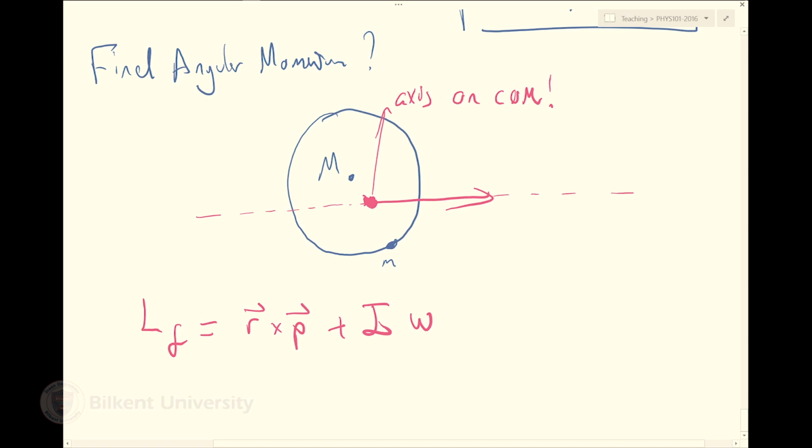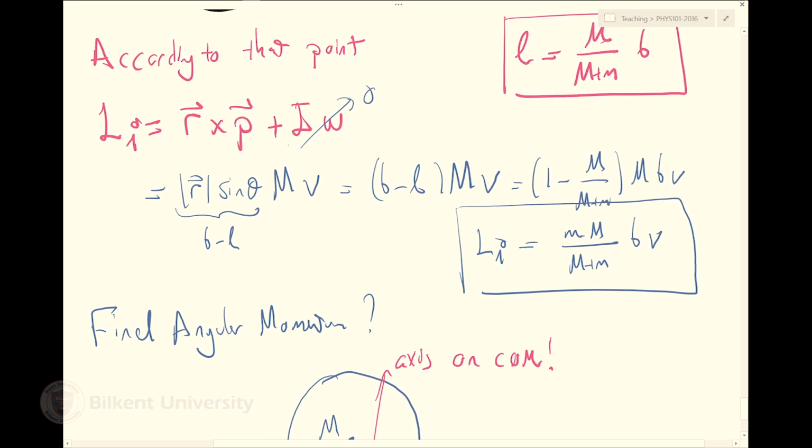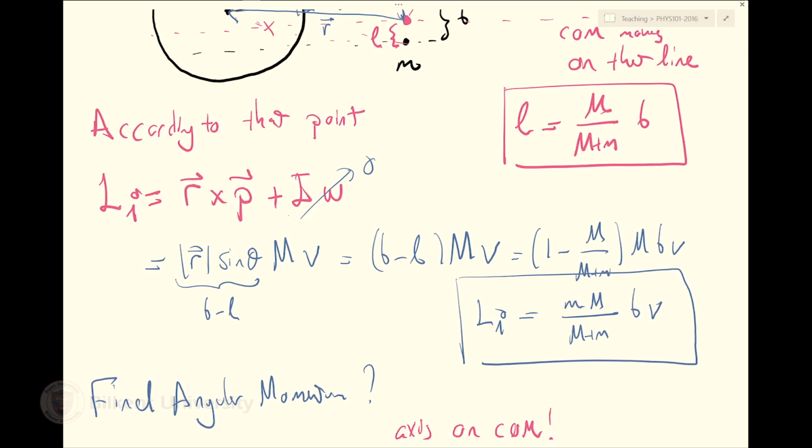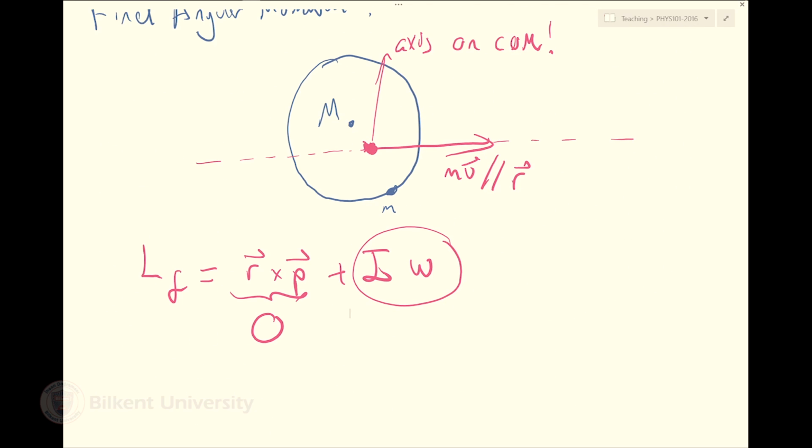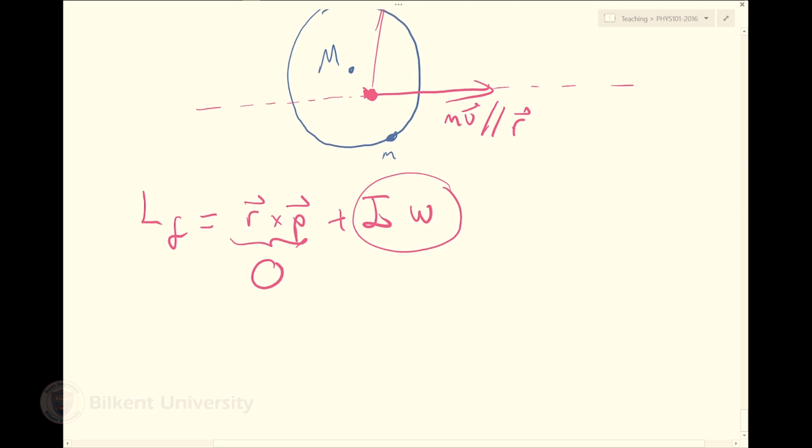Actually, at any time, because MV is parallel to R, that is 0. I'm just left with I omega, and that's why I chose center of mass. If I chose any other axis, in one case, I would have to calculate I omega. In the other case, I would actually have to calculate R cross P. So center of mass helps me twice.